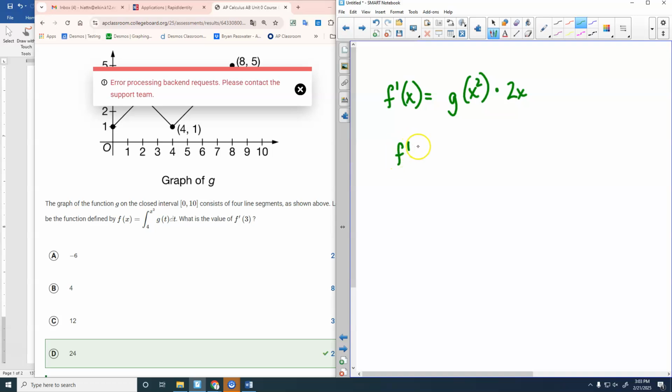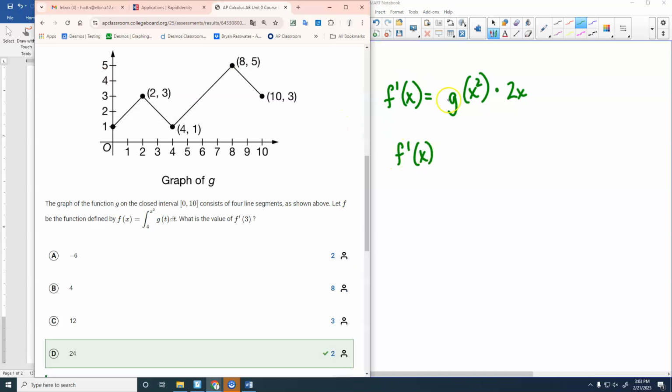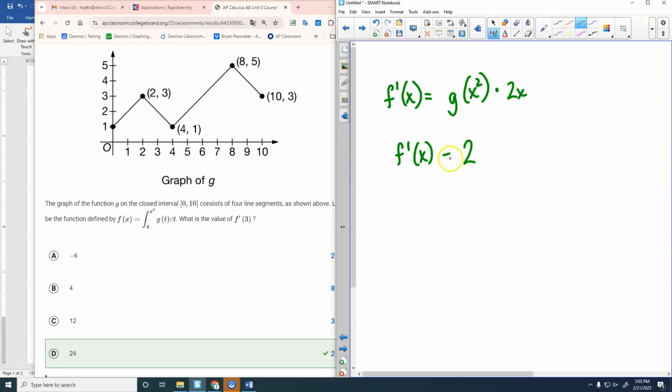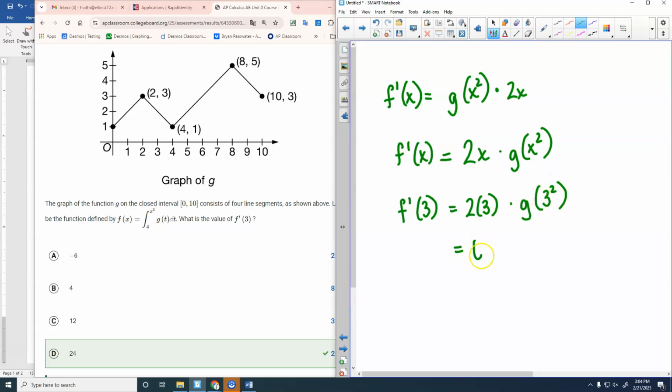So f prime of x would be 2x times g of x squared. So if I want to know f prime of 3, I would do 2 times 3, just replace all your x's with 3's, times g of 3 squared. So we got 6 times g of 9.